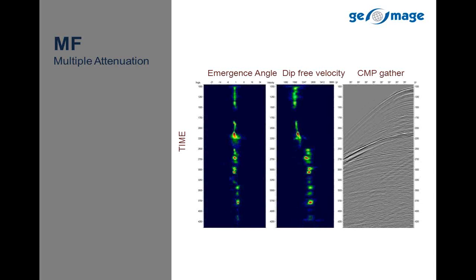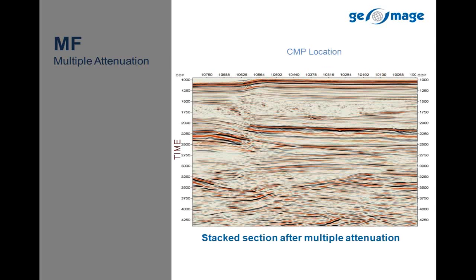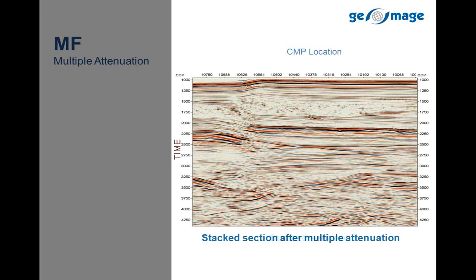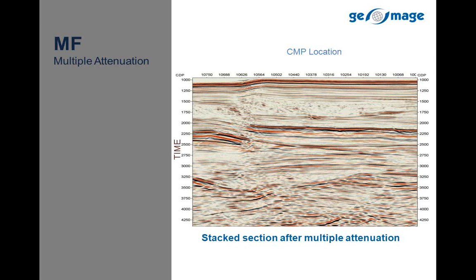After the multiple attenuation procedure, as I described before, we built a multiples model and subtracted it from the original data in the pre-stack domain, of course. The result is shown here, and you see, if I compare it with the original, that multiples are gone, and we see very clearly the primaries which we couldn't see before multiple attenuation.